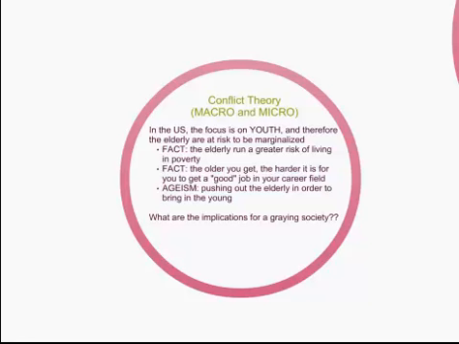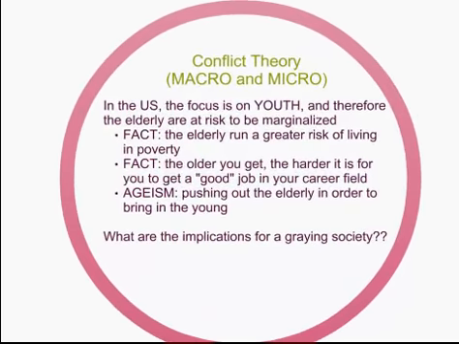And so while we have been focused on youth as beauty, youth as a positive attribute, as we begin to age and the elderly people as a cohort gain more power in our society, our concepts of what is important to us may change over time. Our focus on youth may change over time. And indeed, I think if you're around long enough, you'll probably see this begin to happen. So those are our conflict level perspectives.